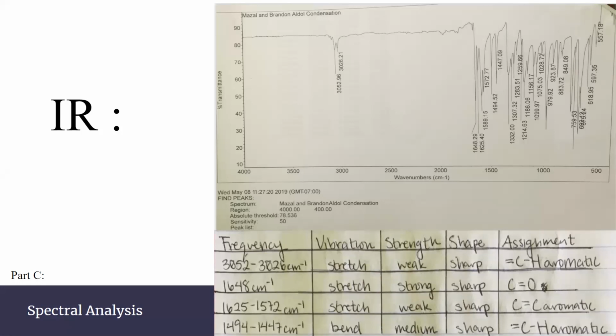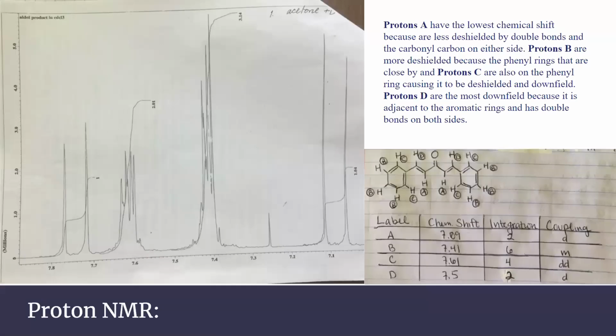At 1648, we see a strong, sharp peak, which indicates a C=O stretch. From 1572 to 1625, we see another weak, sharp peak, indicating a C=C aromatic stretch. And then from 1447 to 1493, we see a medium, sharp C-H aromatic bend.